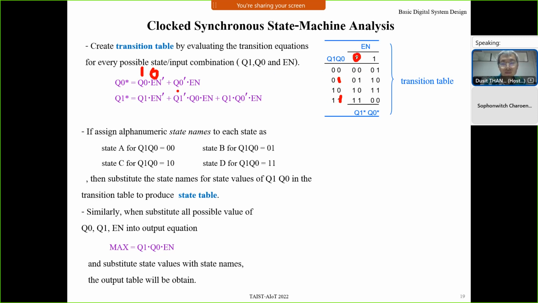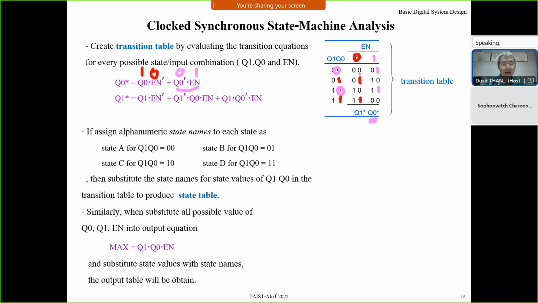So Q0 star at this and this is 1, 1. Or this term is 1 when Q0 is 0, EN is 1. So Q0 star will be 1 for these four conditions.